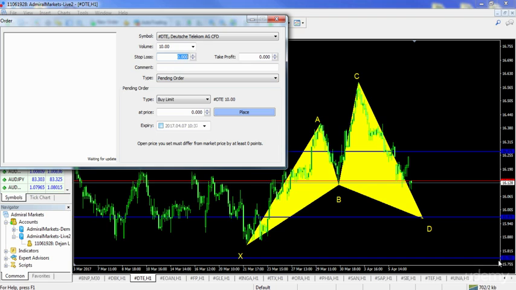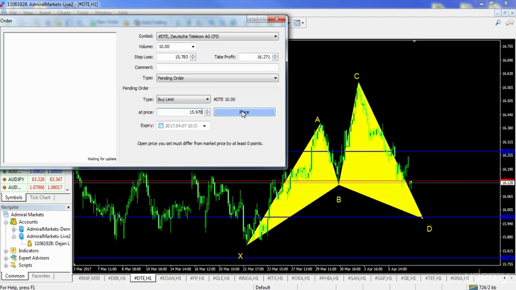The blue line below represents stop loss, which is the price level of 15.783. Take profit is this upper blue line, 16.271, and the entry into position is set at the price level of 15.970.